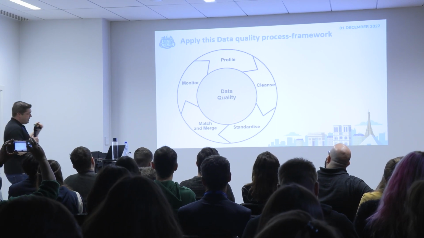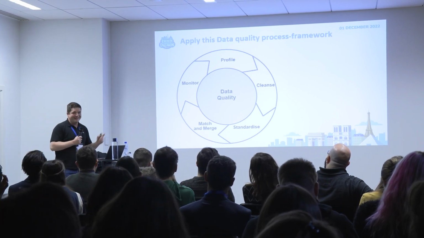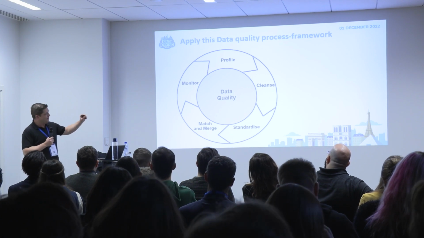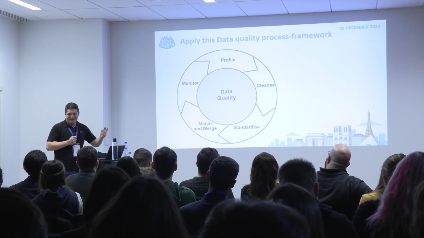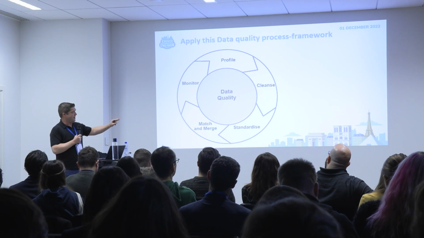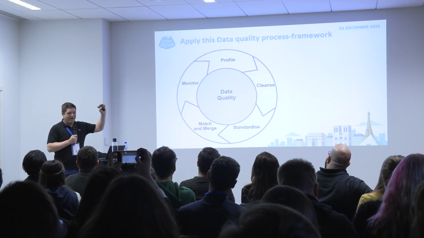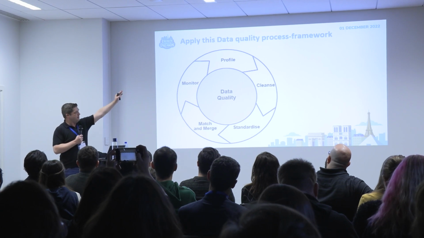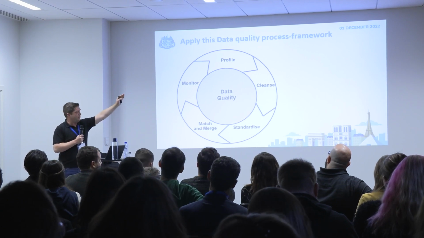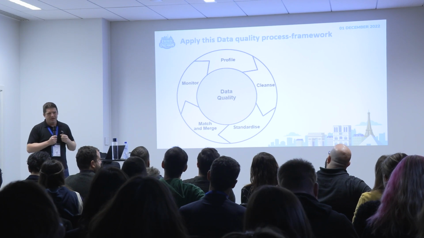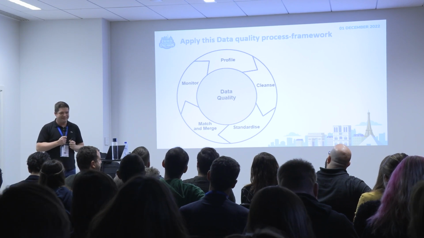Now, this, I'd say, let's talk about this whole thing for 2 minutes, and then I can talk about it for another hour. But what you do is have a look at your data and profile. Like you start at the top of this model. How good or how bad is it?